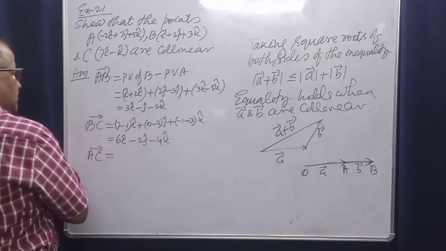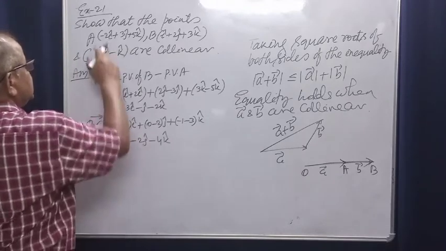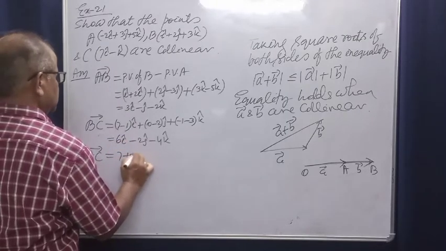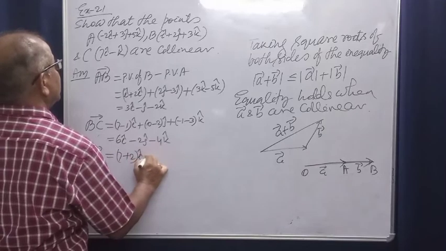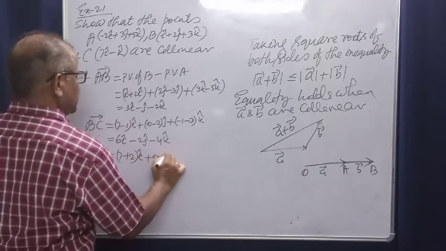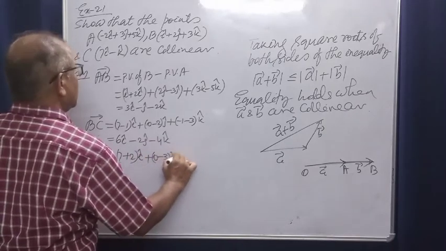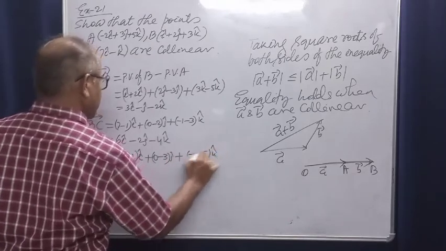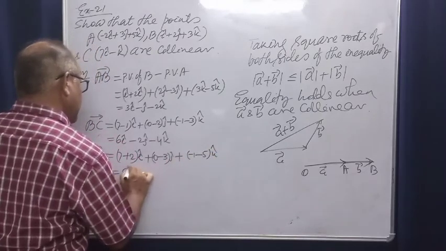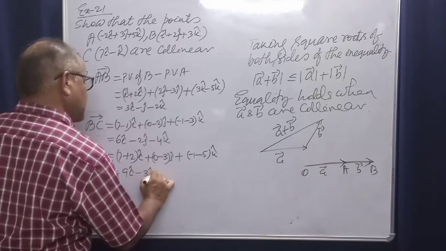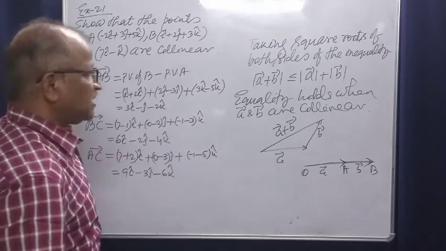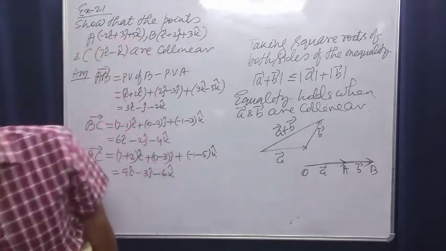AC is 7 plus 2 i cap plus 0 minus 3 j cap plus minus 1 minus 5 k cap. This is 9 i cap minus 3 j cap minus 6 k cap. This is AC.